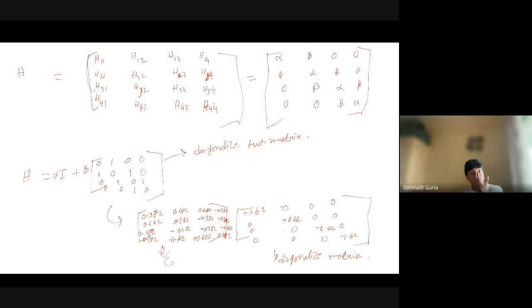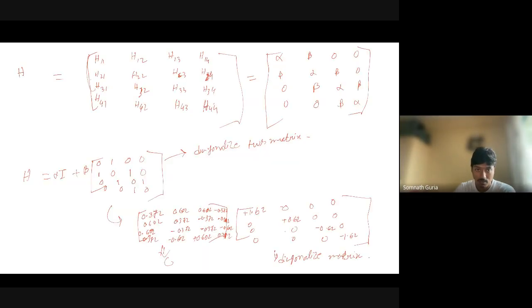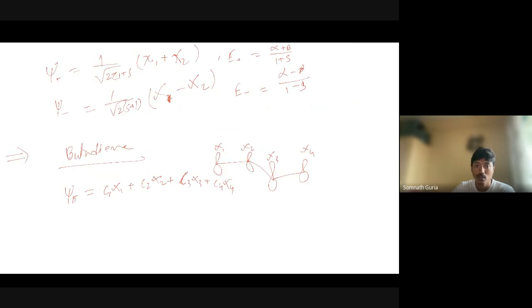Okay, this is the diagonalized matrix, and this C actually gives you the value of each wave function. Psi1 comes from these coefficients multiplied by the wave functions chi1, chi2, chi3, and chi4, and depending on your C values, you can derive the four wave functions for the butadiene pi orbitals.